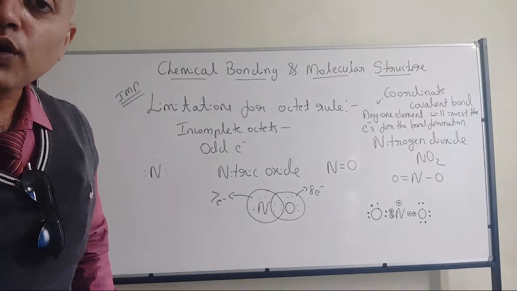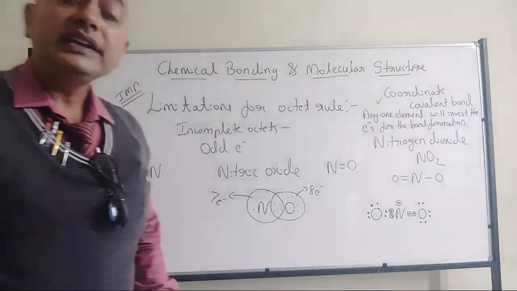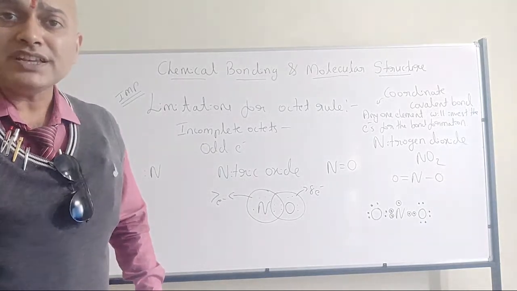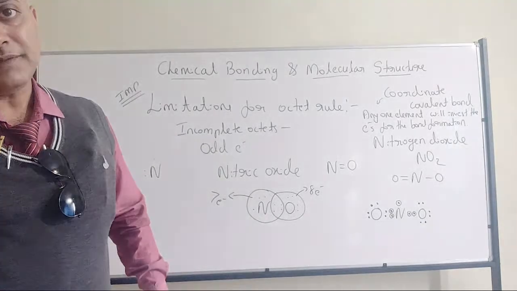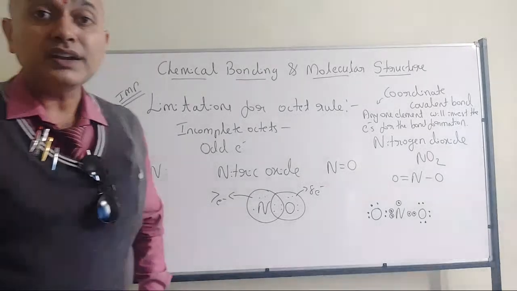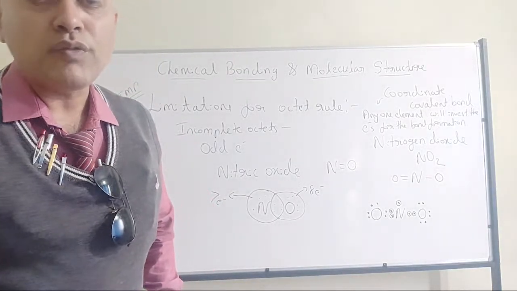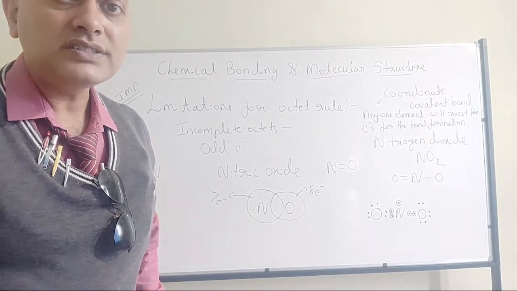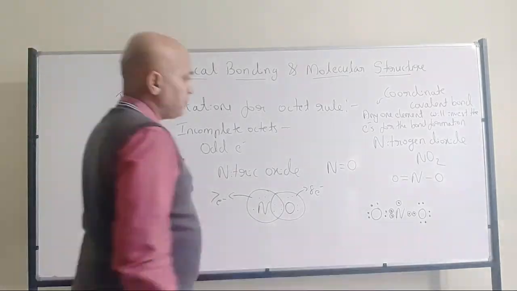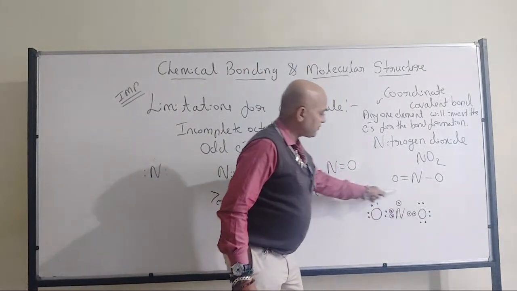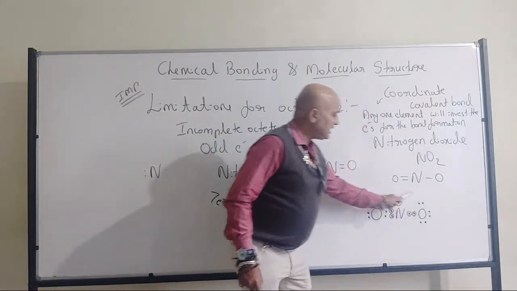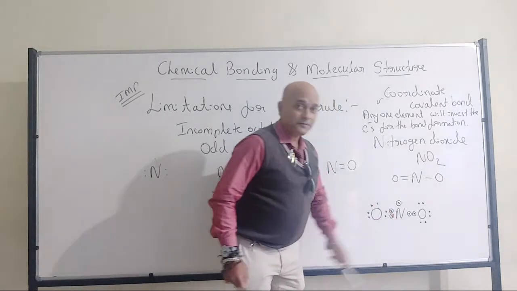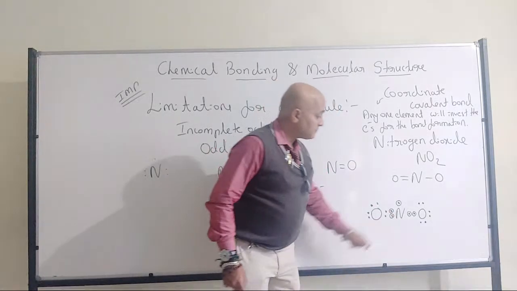So what do you mean by coordinate covalent bond? It is the covalent bond where electrons will be invested by any one element. That condition is called a coordinate covalent bond. All of you have understood? Any doubts? Okay, more I will repeat. Observe here carefully. Whatever electrons belong to nitrogen, I have made as circles.